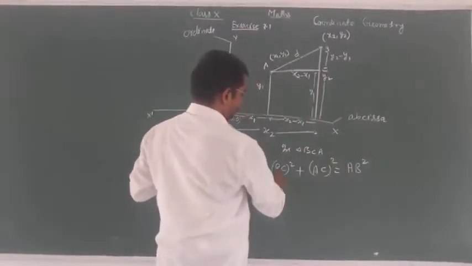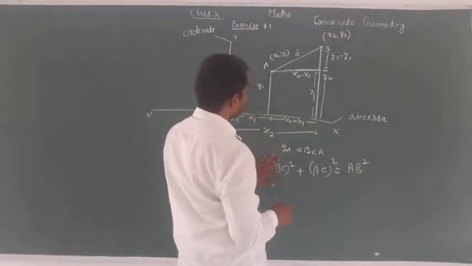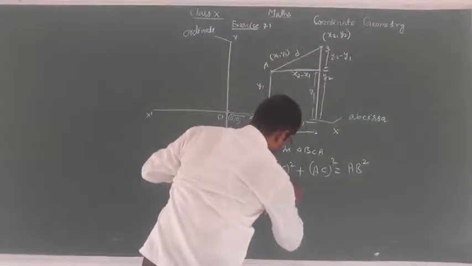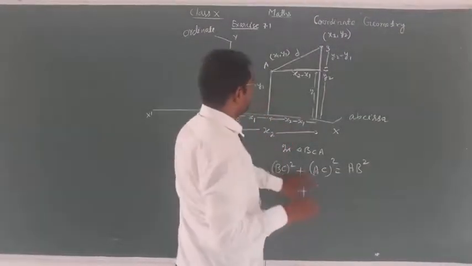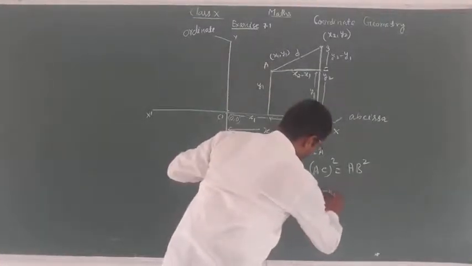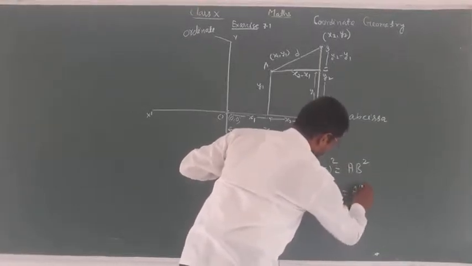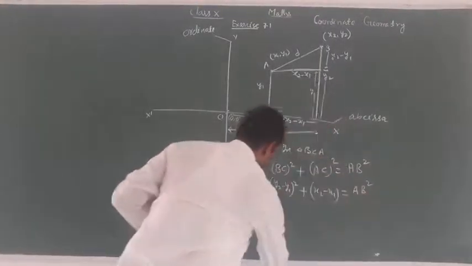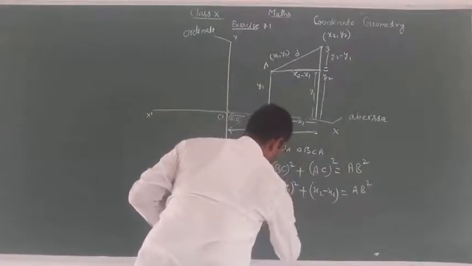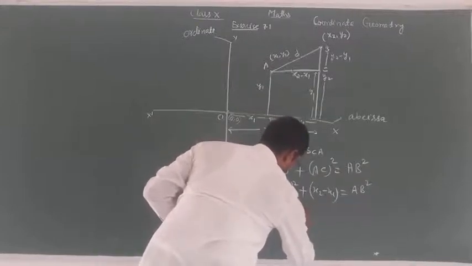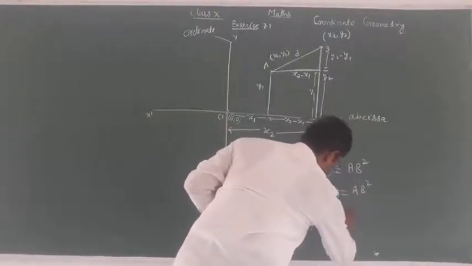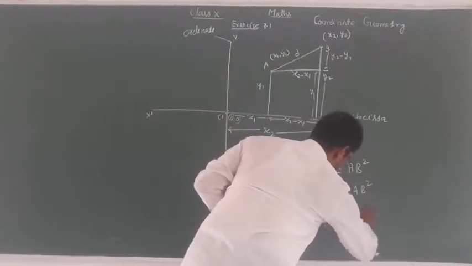Putting in BC as y2 minus y1 and AC as x2 minus x1, AB square is equal to y2 minus y1 whole square plus x2 minus x1 whole square.